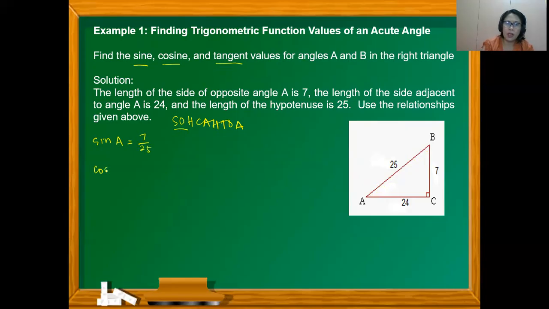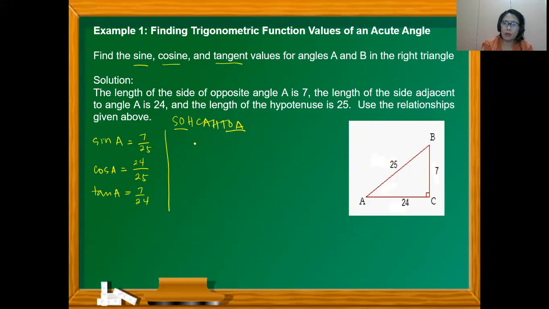And then cosine A is CAH, so that would mean adjacent side 24 all over its hypotenuse. So this is 24 all over 25. And then for tangent A, this is TOA. So opposite side, 7, all over its adjacent side. So this is 7 over 24. So these are the sine, cosine, and tangent of angle A.